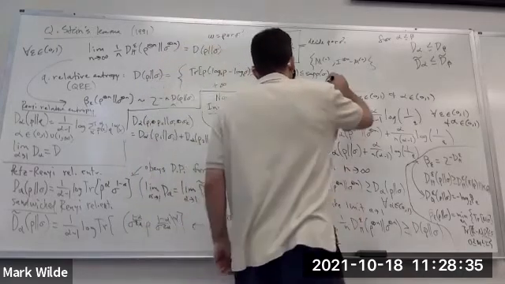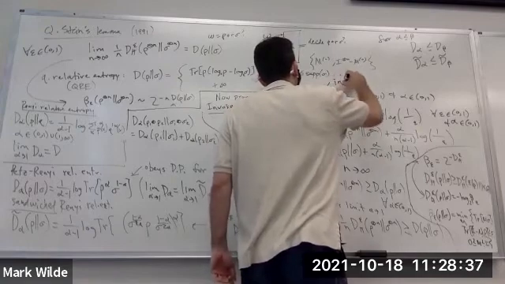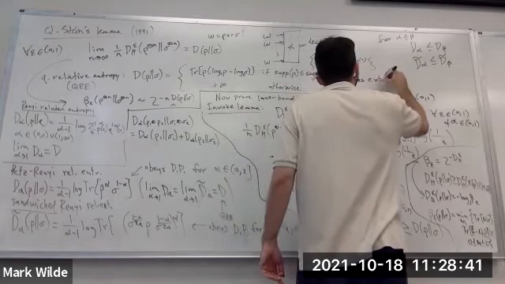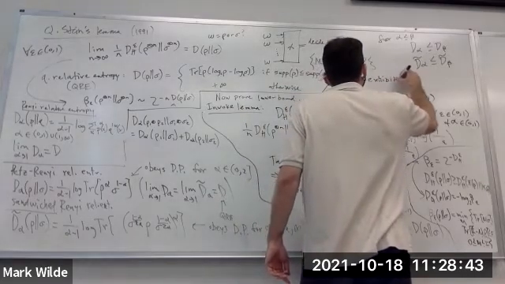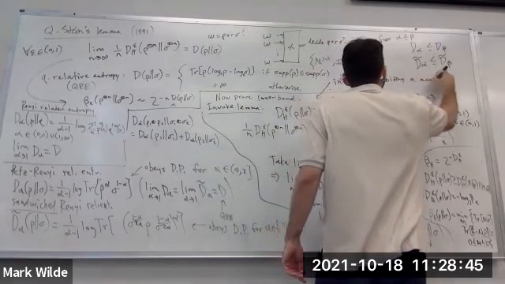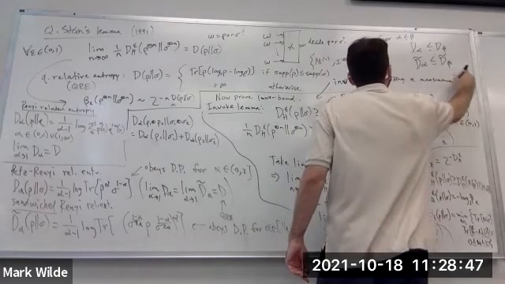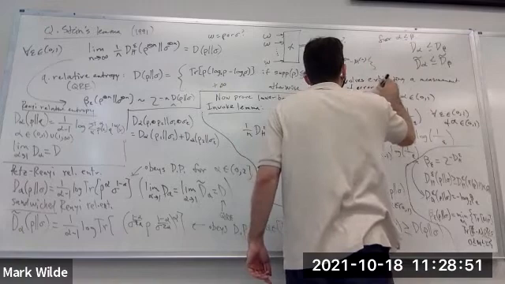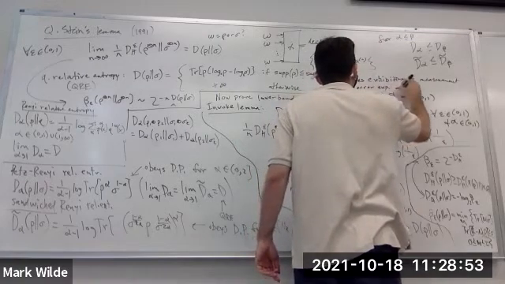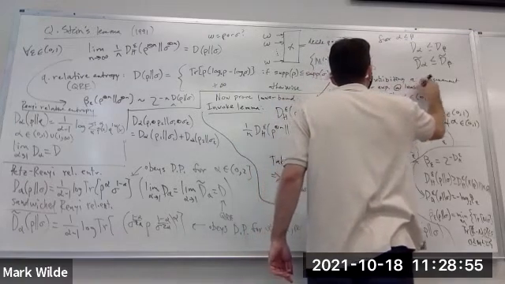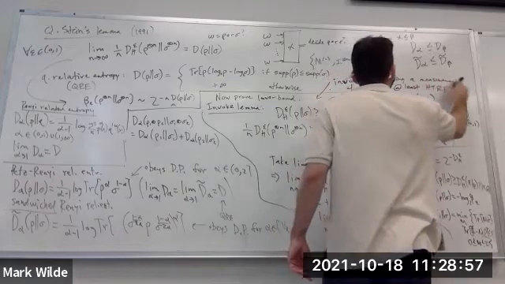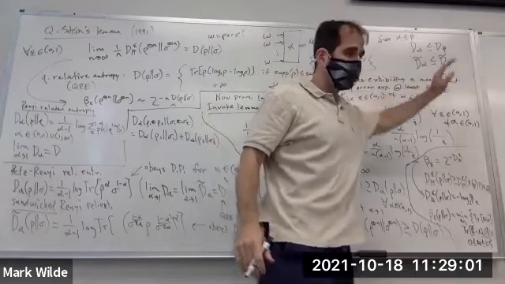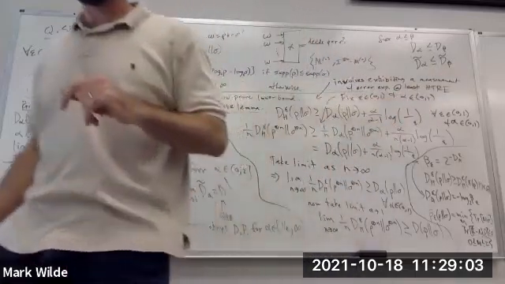So this now involves exhibiting a measurement with error exponent at least the hypothesis testing relative entropy.